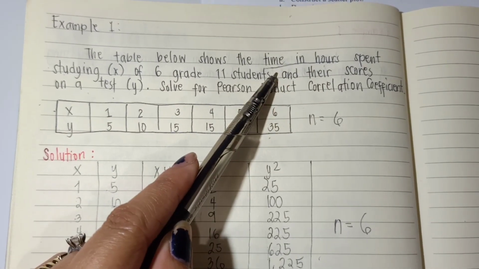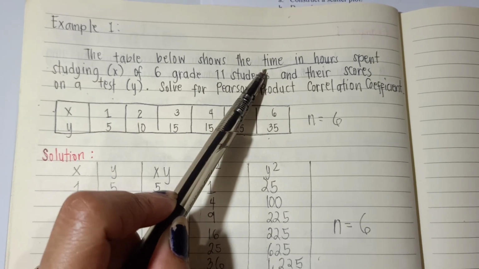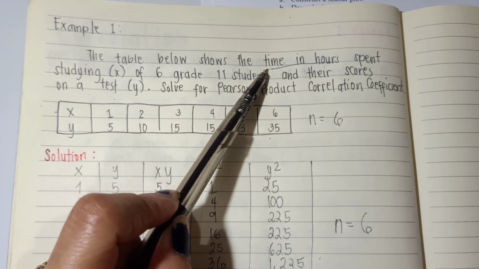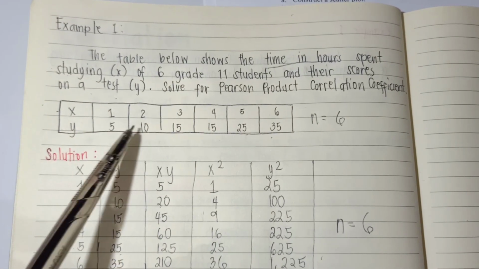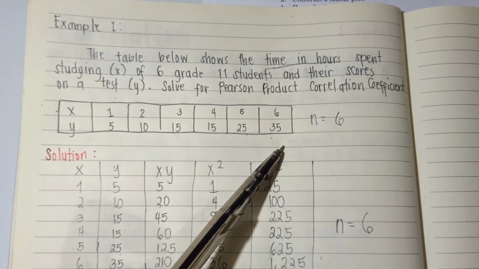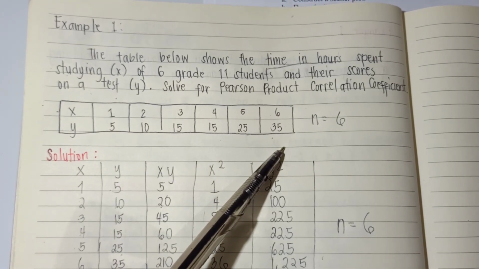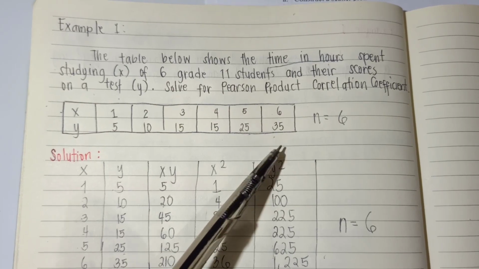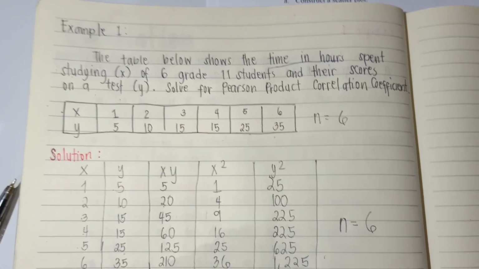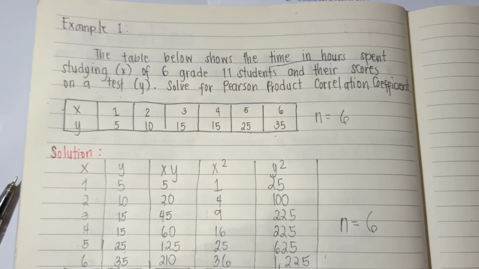So, therefore, malaki talaga yung effect na mas mahabang time na nag-aaral ka, mas mataas yung score na makukuha mo sa exam. So, there is a strong positive correlation. Sobrang strong ng relationship nila.